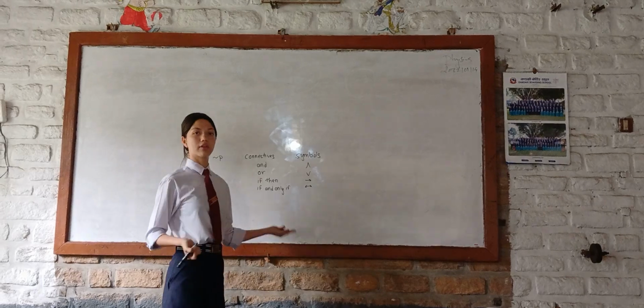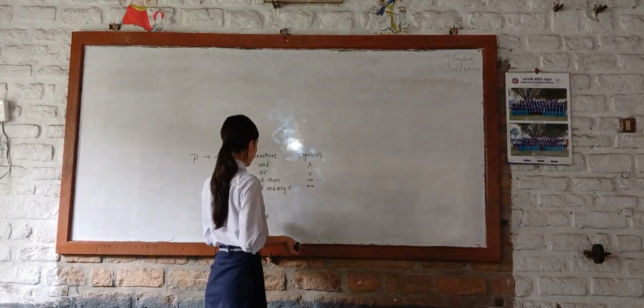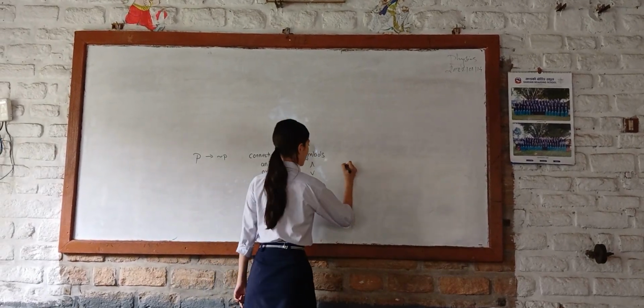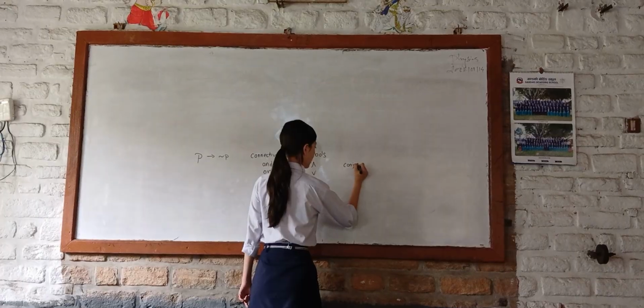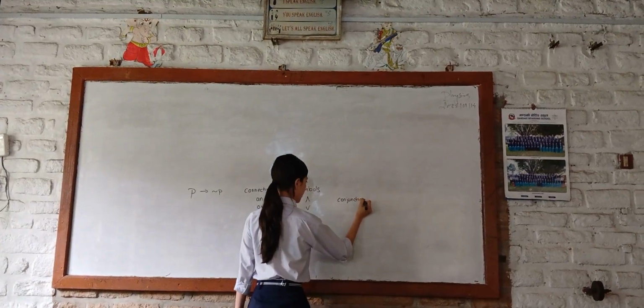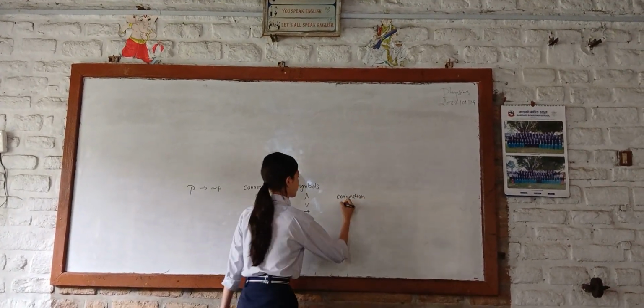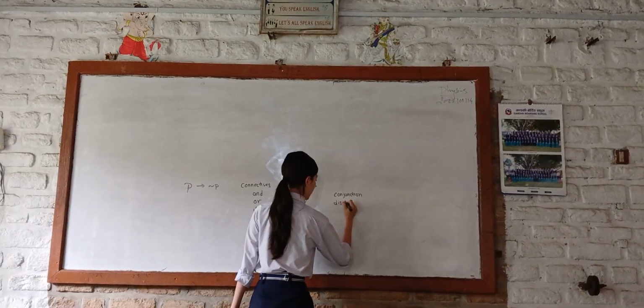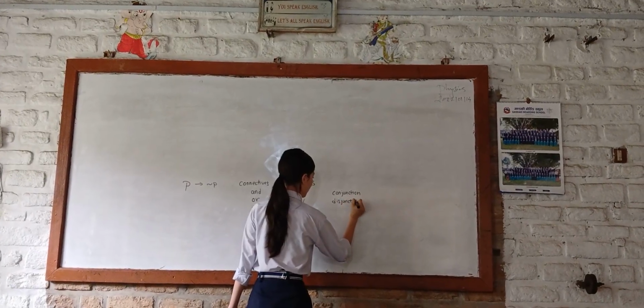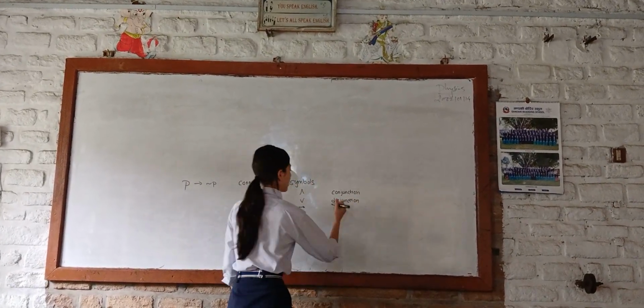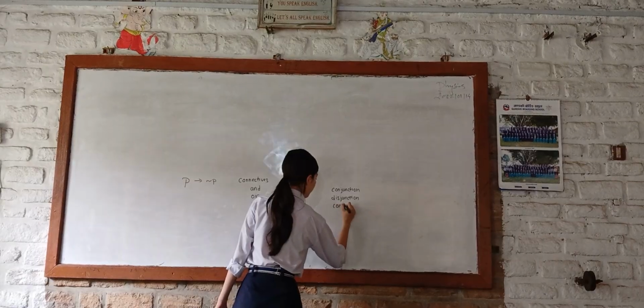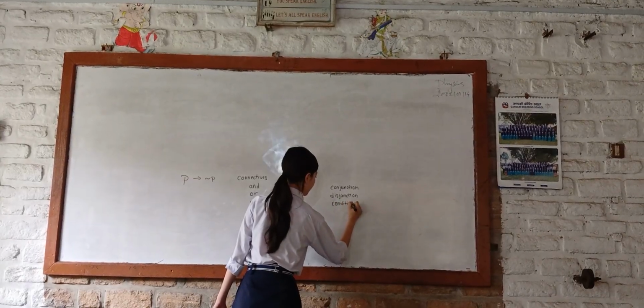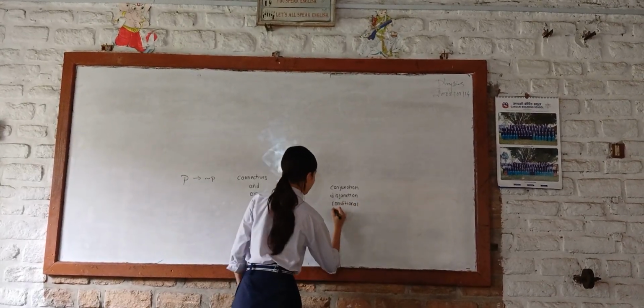These are the symbols for the connectives, and basically "and" is known as conjunction. This is known as disjunction. This is known as conditional, and this is known as biconditional.